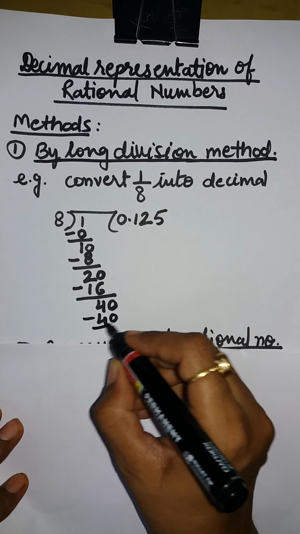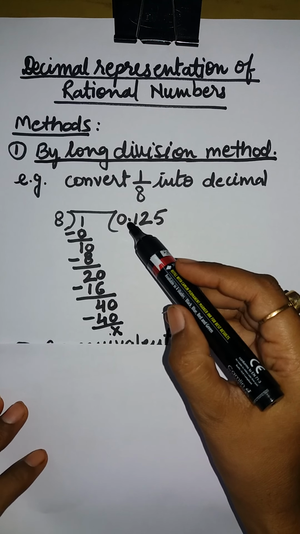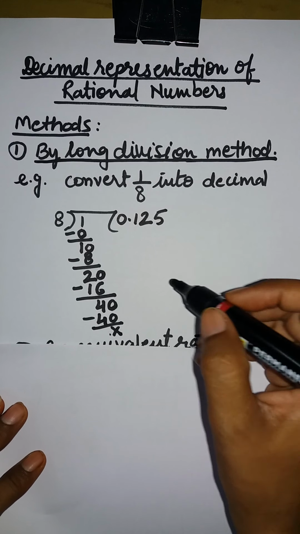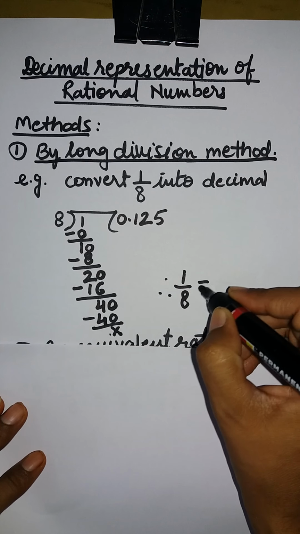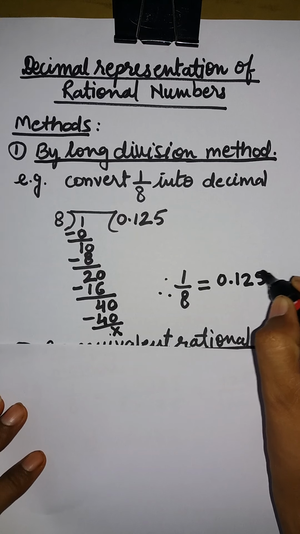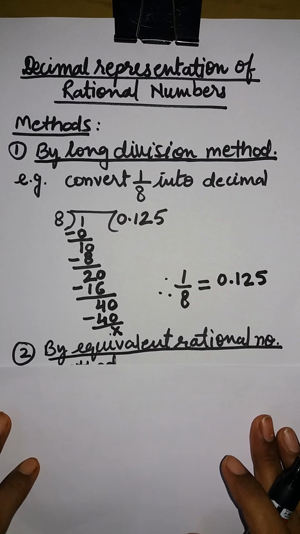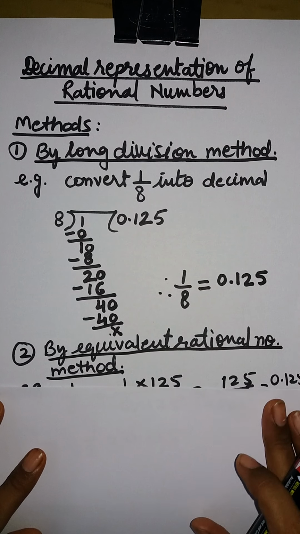We can see here the remainder is now 0, and our answer is 0.125. So we have converted 1 by 8 in the form of a decimal, which is 0.125.